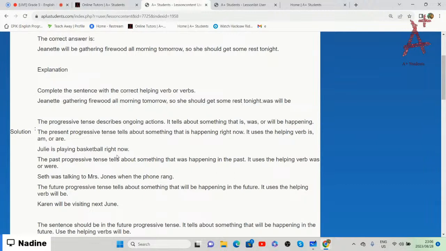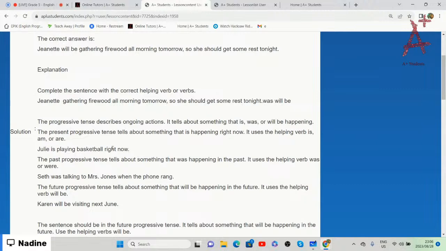right? So we use the helping verb was or were, and was usually refers to a singular person, place or thing, and were when we are talking about more than one person, place, or thing. So it then becomes a plural form.